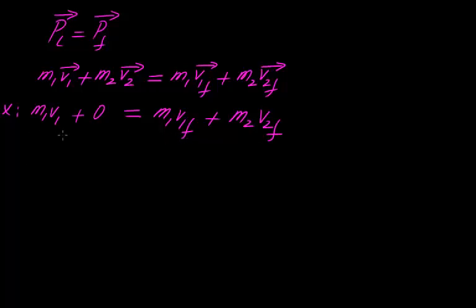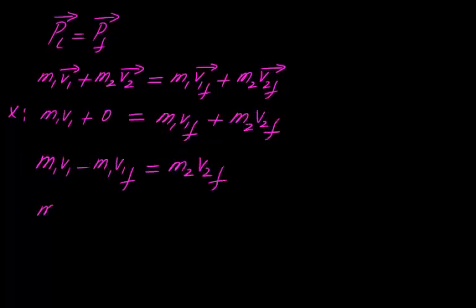Bring the like terms to the left hand side of the equation, therefore m1 v1 minus m1 v1 final is going to equal m2 v2 final. Factorize the mass m1 from the left hand side terms. The right hand side stays as m2 v2 final.